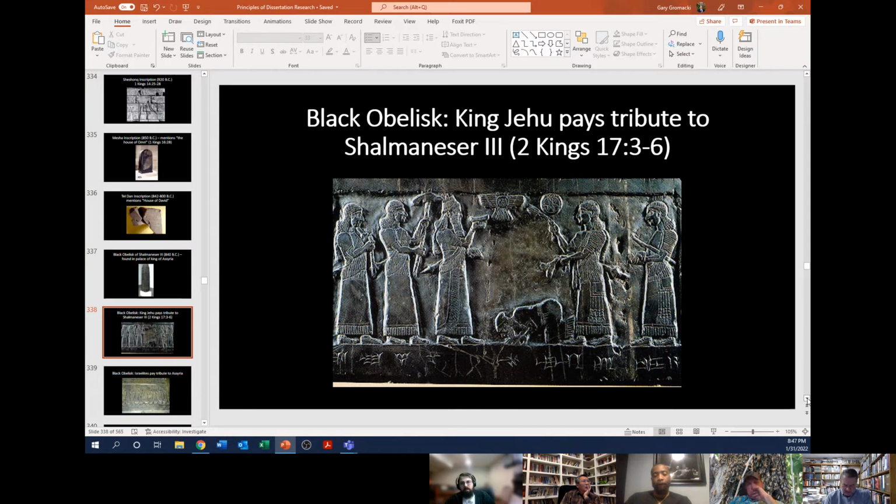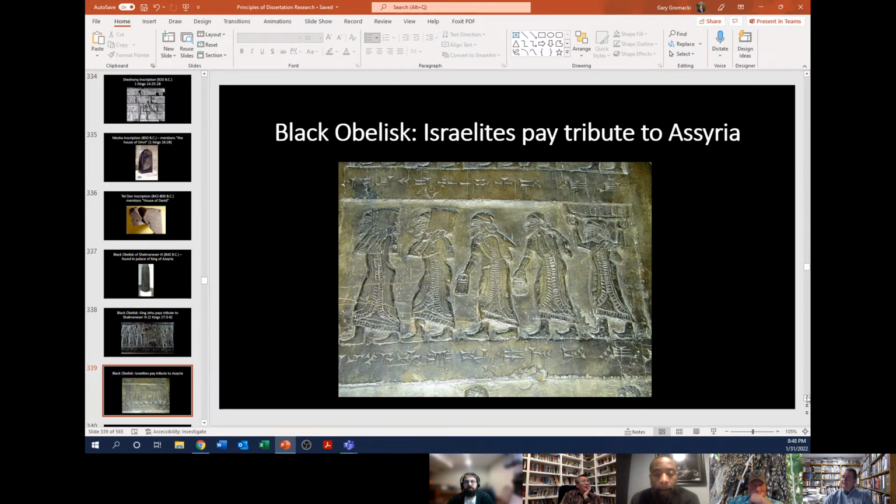Who is that king? Well, most believe that it's a reference to King Jehu. 2 Kings talks about Jehu, who was a king who paid tribute to Shalmaneser III. Another part of the panel shows Israelites paying their tribute to Assyria.